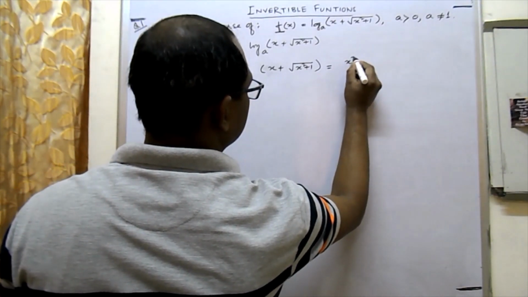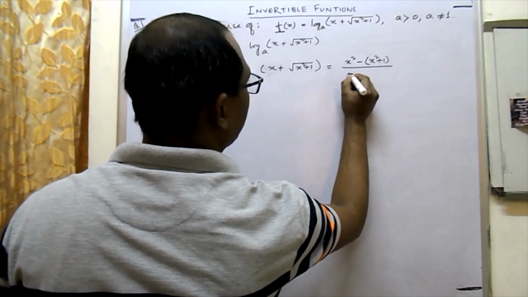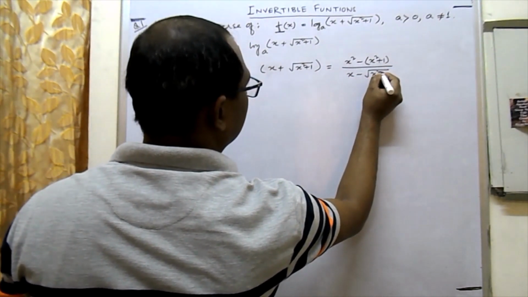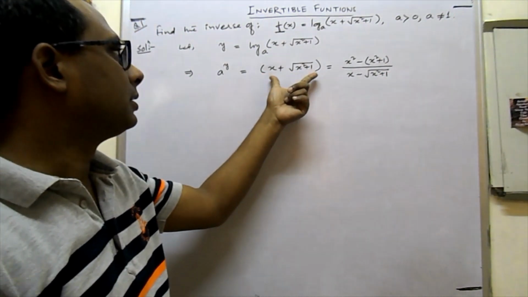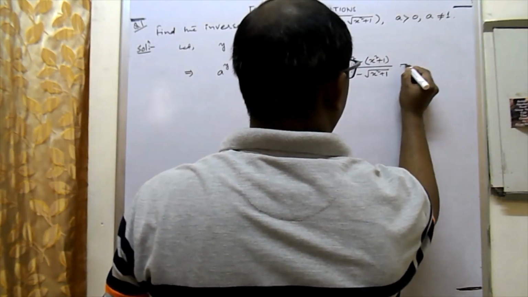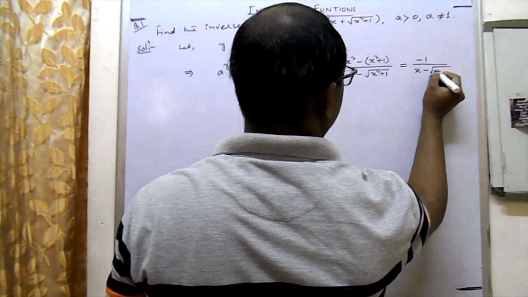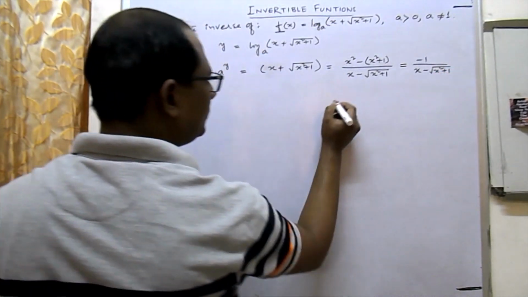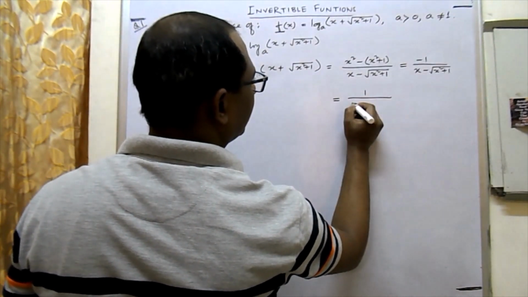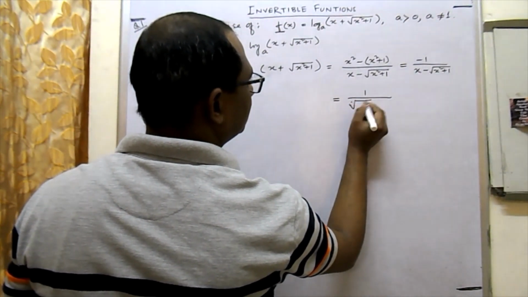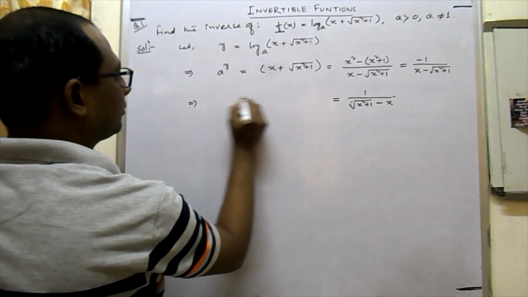Simply multiplying and dividing by the conjugate, we get x square minus x square plus 1 by x minus square root of x square plus 1, so we'll be getting minus 1 upon x minus root over x square plus 1, which can be written as 1 by root over x square plus 1 minus x. So this is the value of a to the power y.